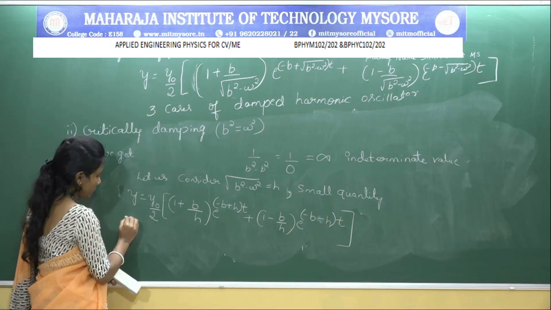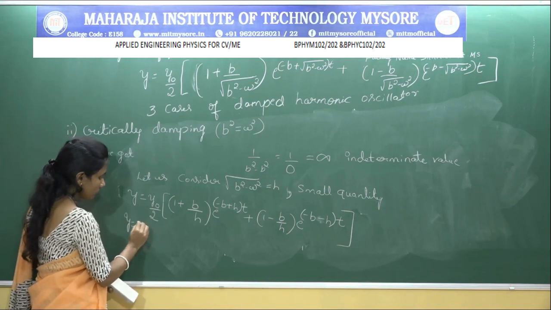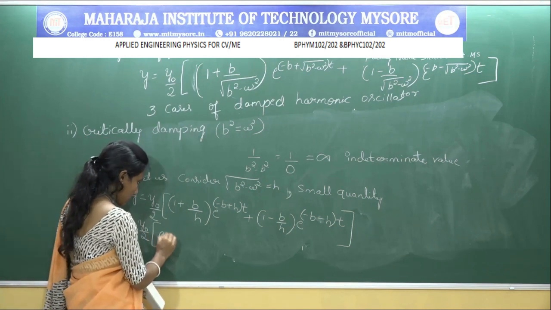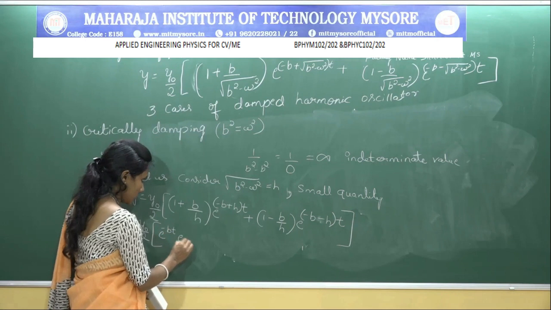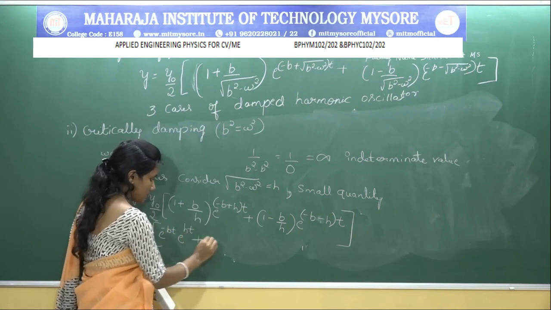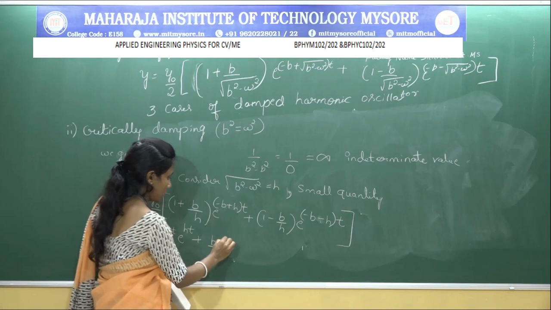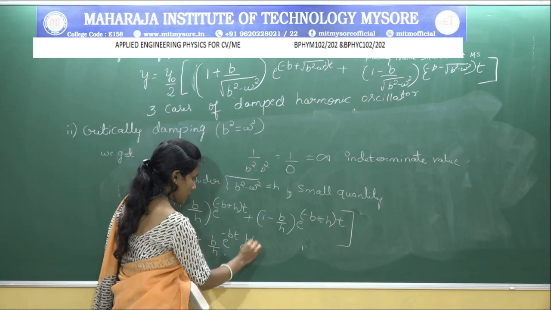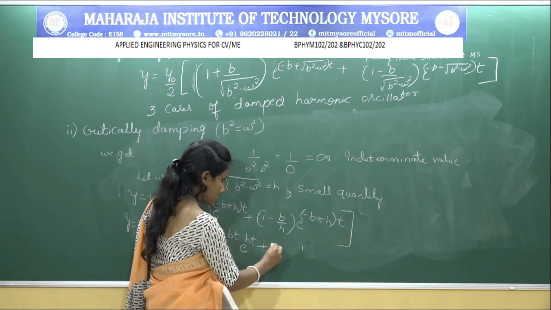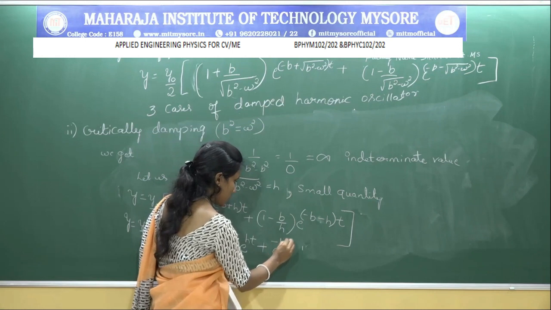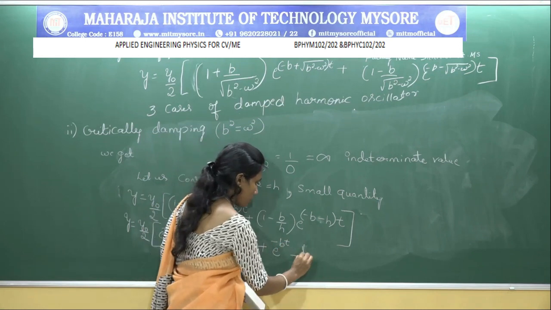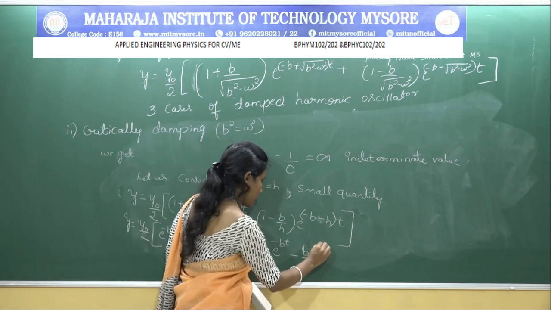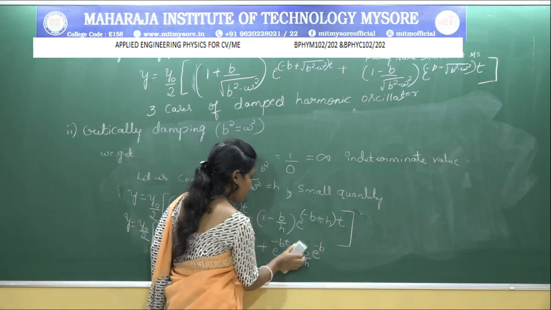So y is equal to y naught by 2, e to the power of minus bt e to the power of ht plus b by h e to the power of minus bt into e to the power of ht plus e to the power of minus bt minus b by h e to the power of minus bt e to the power of minus ht.